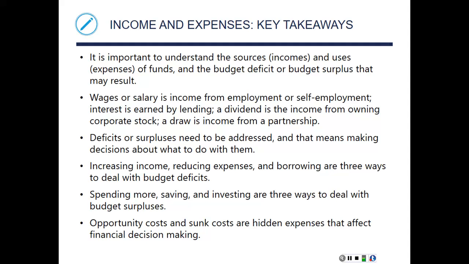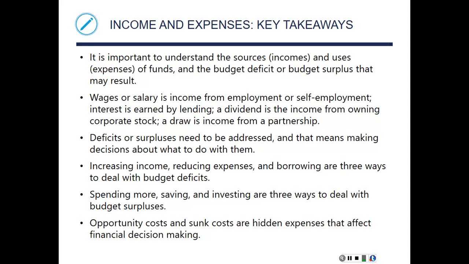If we've got a deficit, we've got to either bring in more money or spend less. Very simply. If we're making too much money or we've got a lot of extra money, what are we going to do with it? Then you have the opportunity to make investments. Then you have the opportunity to build up savings, build up a balance in your checking account so that just in case something goes wrong in the future, you can cover that without worry.